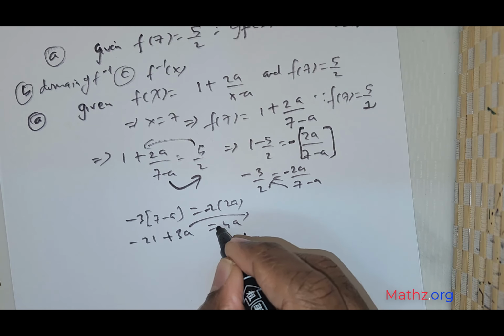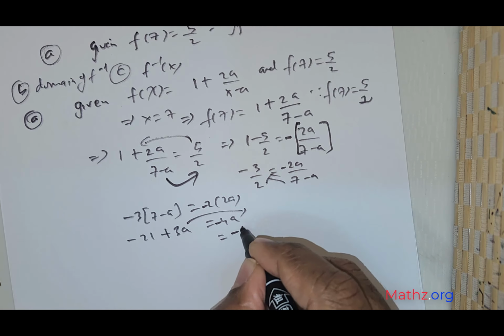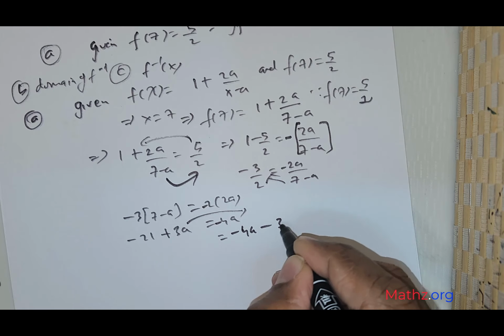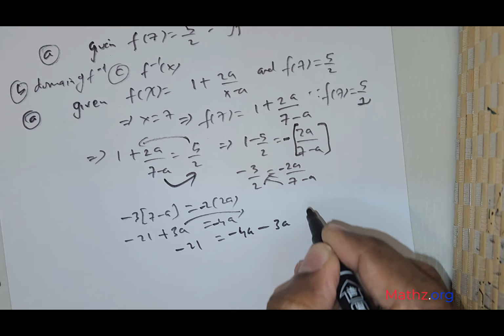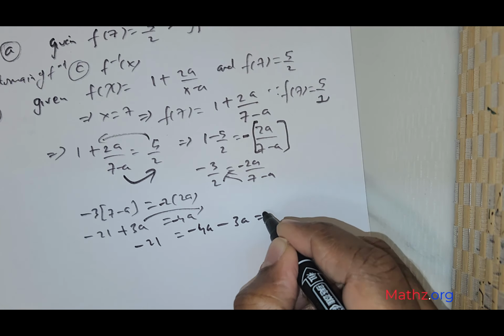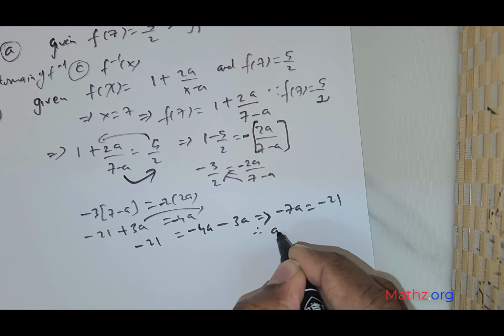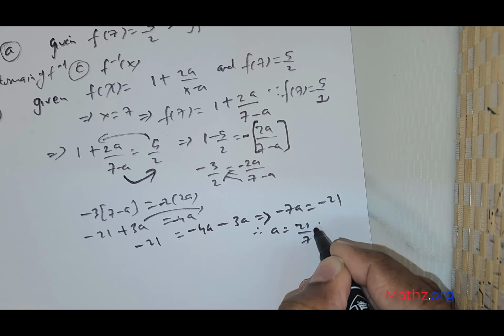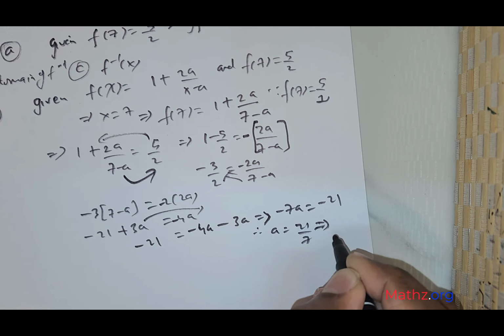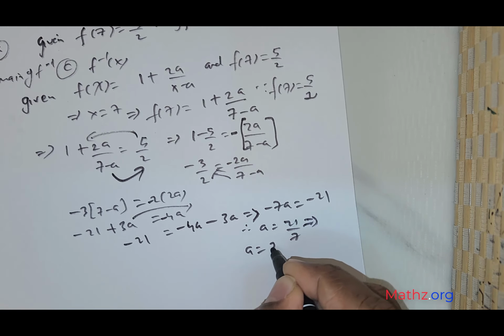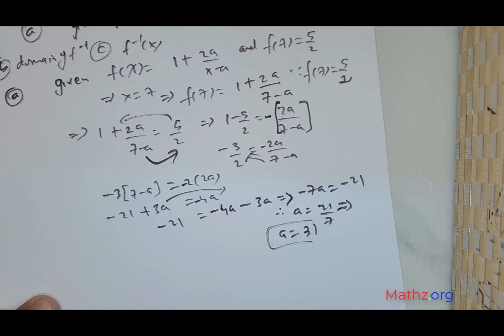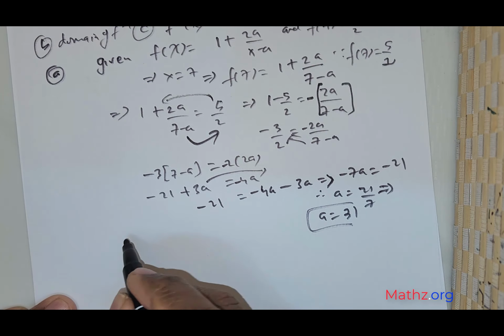That in turn will give us -4a. So you have -4a and -3a, and you have -21. This means -7a is equal to -21. Therefore a is equal to 21 over 7, which means a is equal to 3 units.